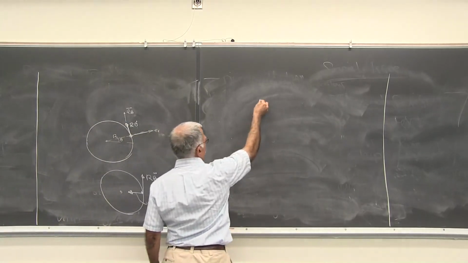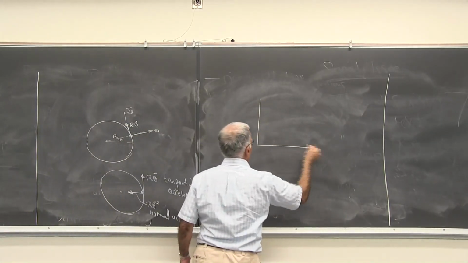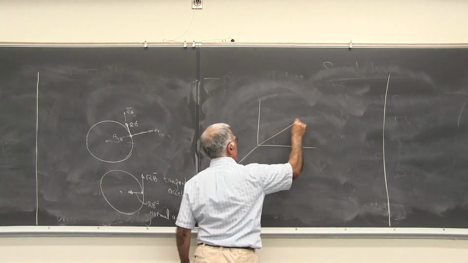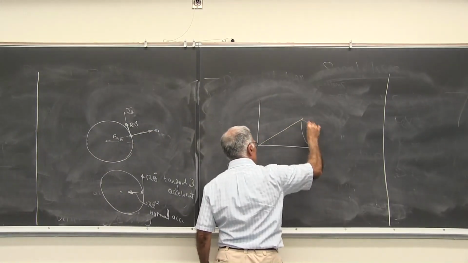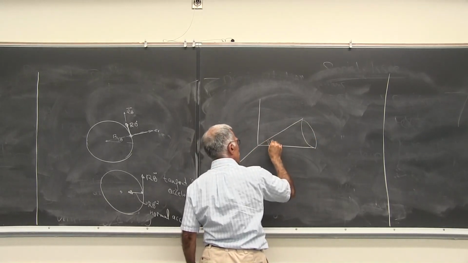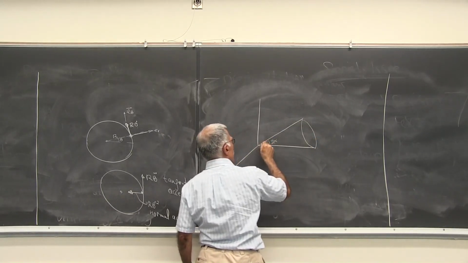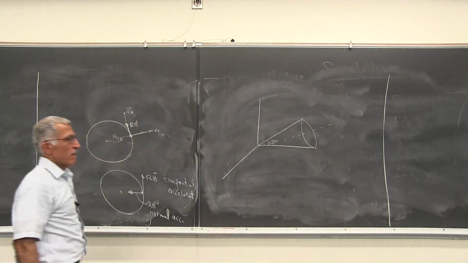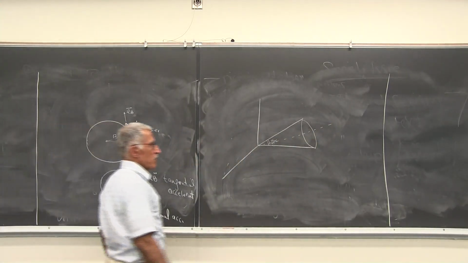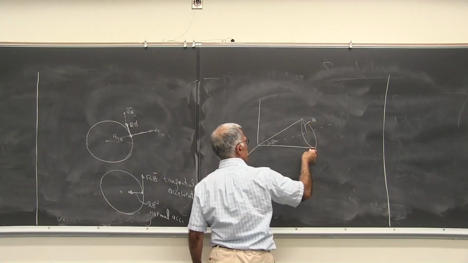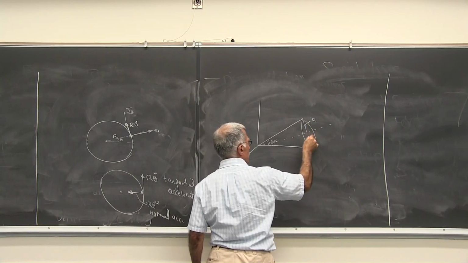Let's say that you do have a cone, and that's my cone. This angle is 2 alpha, and the radius of this cone is r. The height of this cone is h.